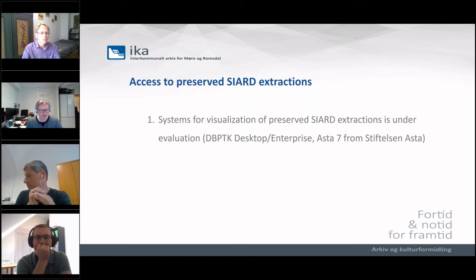You have the electronic on the screen, but you print it out to papers. But to preserve the information of those systems, we have to also preserve the database. So for many years, we have both the electronic database and the paper juridical documents on the side. So we really can see a benefit of using also Asta 7 to have both ways in the same system.